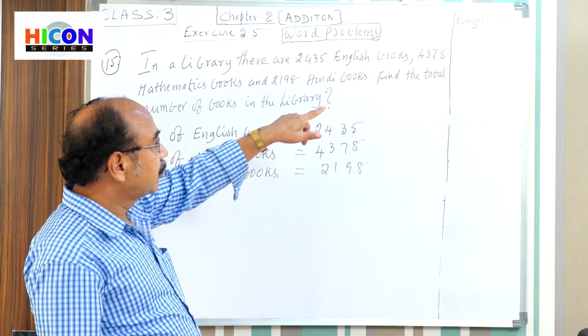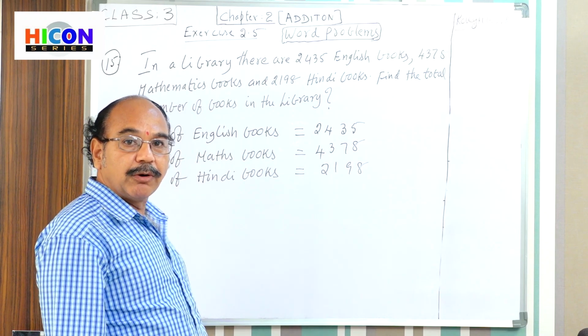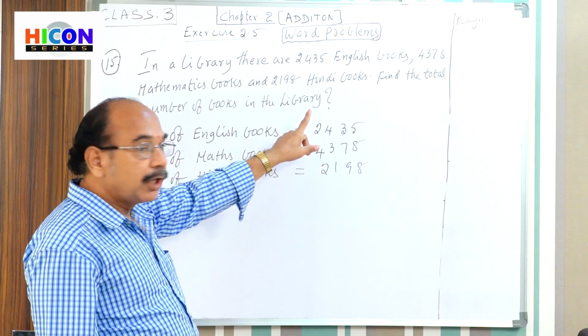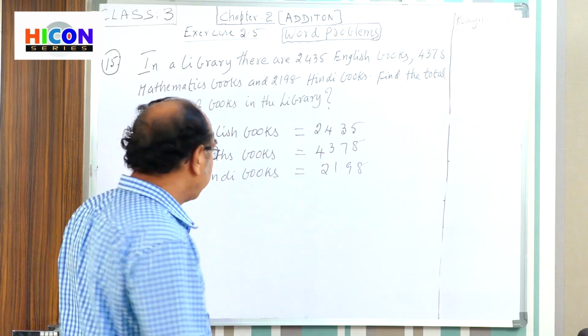After that, what is there here? Find the total number of books in the library. How can we find the total number of books in the library? Just by adding the 3 numbers, we can get the total number of books in the library.